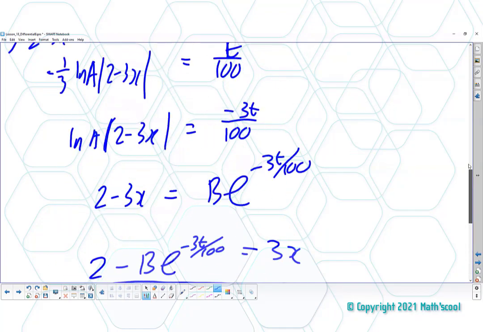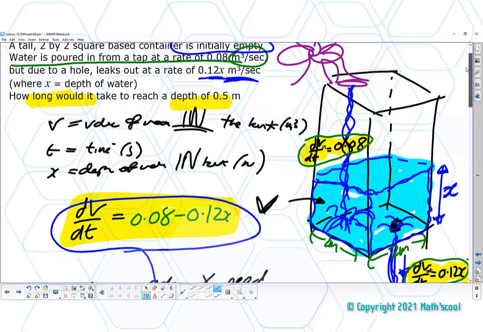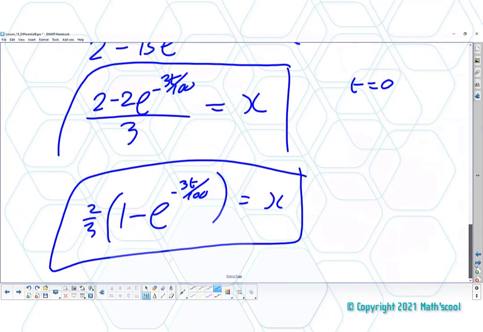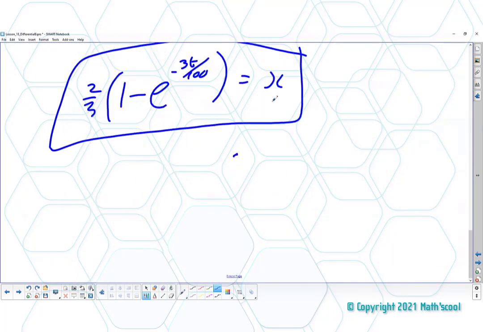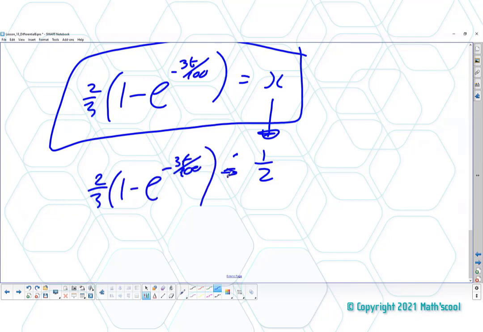What do they want? They want to know how long it would take to reach a depth of a half. So we want the depth to be a half. So we'll put in a half for x. A half equals 2/3 brackets 1 minus e to the minus 3t over 100. And then that's going to give us 3/4 equals 1 minus e to the minus 3t over 100.